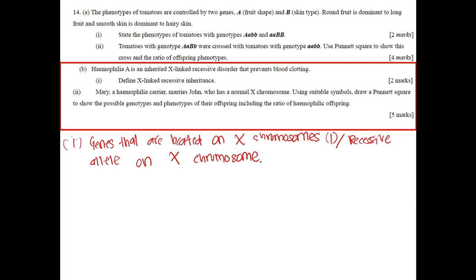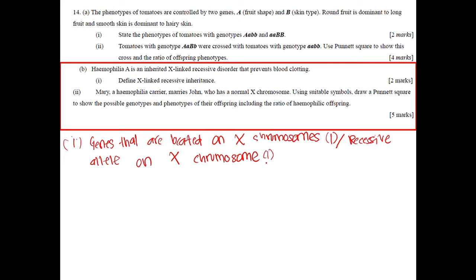So if you're wondering, this disease is due to mutation. So the gene is due to mutation. So ni antara ni ataupun ni. Kita tulis ni pun 1 markah.